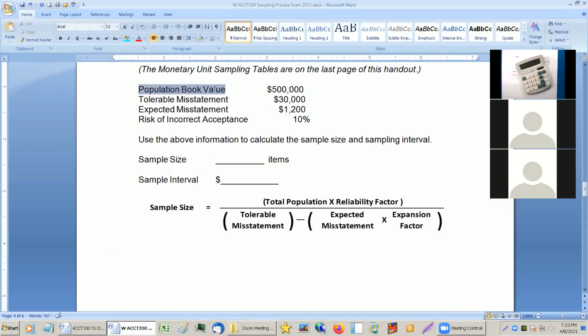Let's just say book value, 500,000. So we have our total population for our book is 500,000.